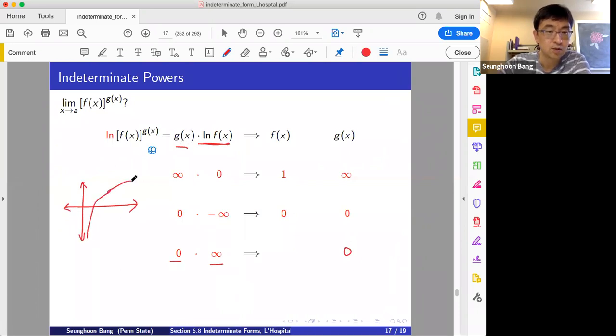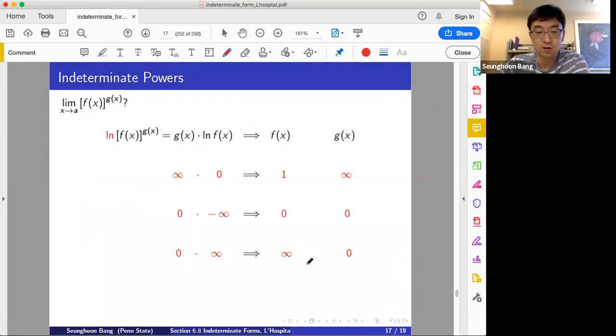Same, use ln of f of x. The ln of f of x is going to positive infinity. F of x is like log of x. The log of x is going to positive infinity. So we have infinity, right? So you can change it to this form.